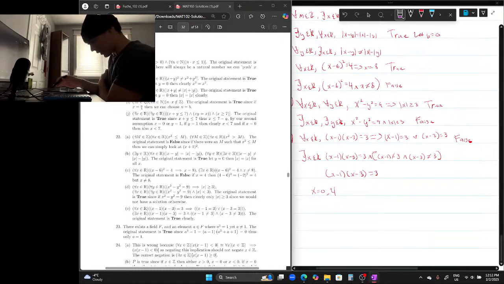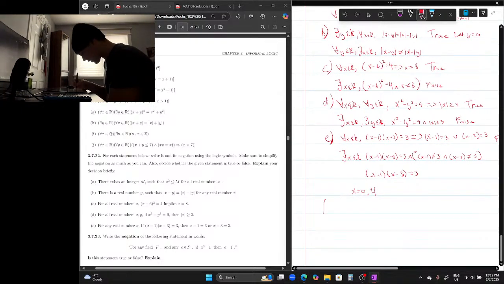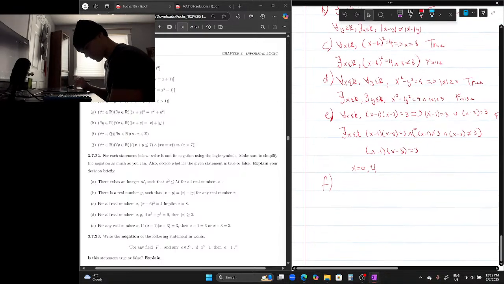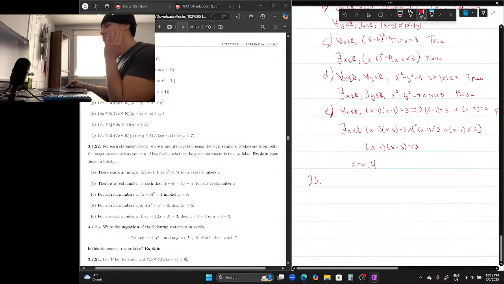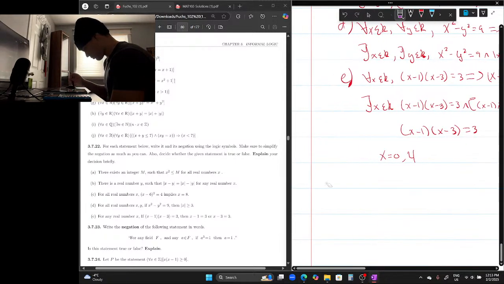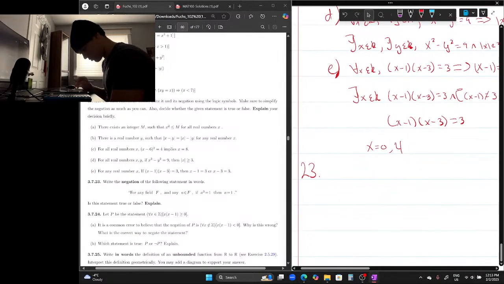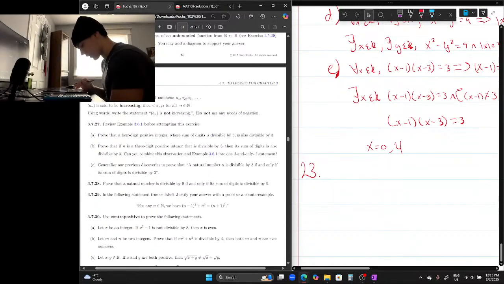This statement is stupid. Not the dumb statement. It's technically true, but I feel like it's dumb. Because if x equals 6, whatever. Whatever. Guys, I so want to be done with this. I can't lie.